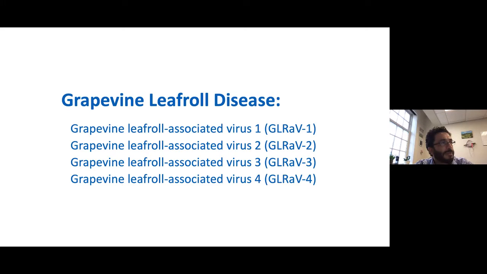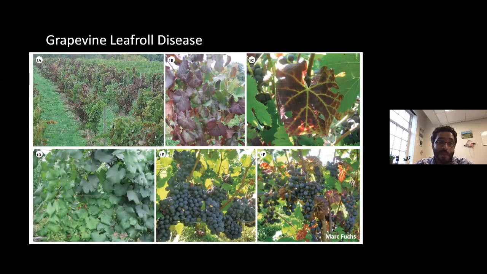The grapevine leaf roll disease is caused by 4 different species of viruses: grapevine leafroll-associated virus 1, 2, 3, and 4. The symptoms caused by this disease change depending on the variety of grapes. You have the red varieties. We see usually red leaves, as you can see here. If you take a closer look, it's actually very interesting looking symptoms in the leaves.